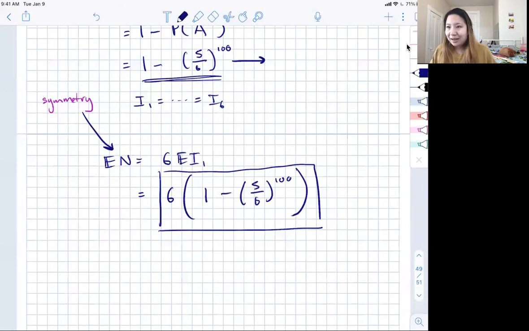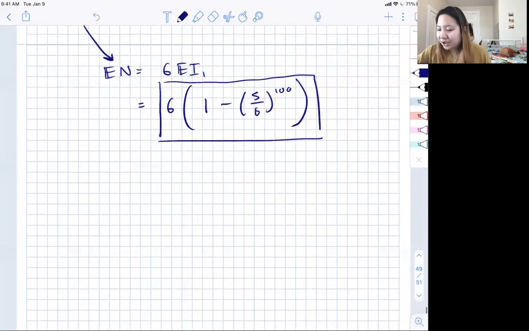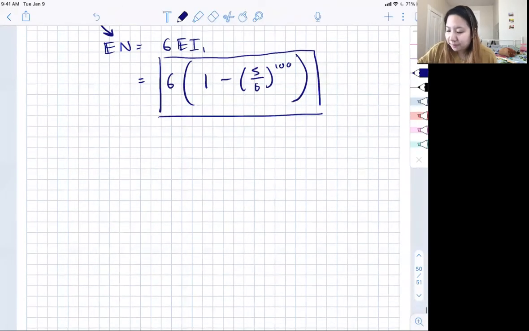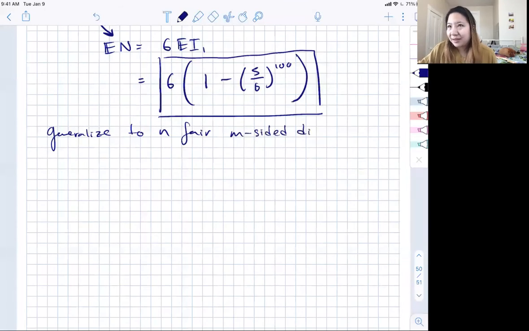And let's just generalize this to the M and N case. So I wanted to generalize to N fair M-sided dice.